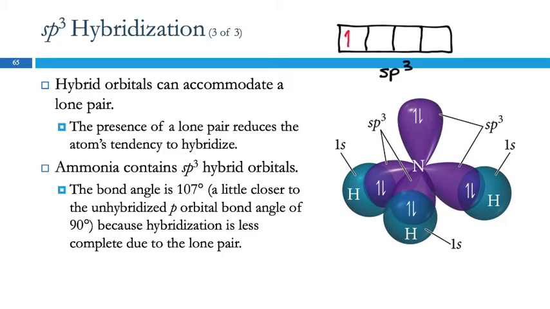So those would go 1, 2, 3, 4, 5. So one of these orbitals is going to have a pair of electrons just from nitrogen. That's a lone pair. So that's this guy right here. Typically put that one at the top. I don't know why. And then the other 3 orbitals are half-filled, and so they can overlap with hydrogen.